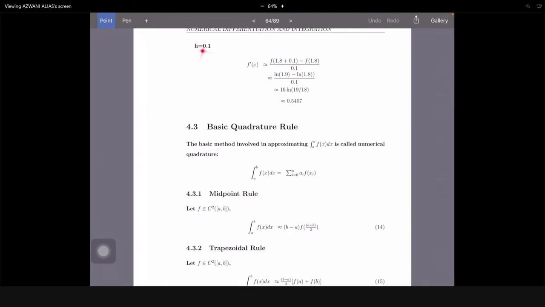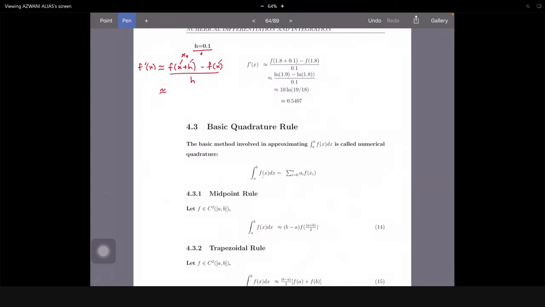So the method is easy, just put the values into the formula. We have the formula for the forward scheme, which is f prime approximately equal to f(x plus h) minus f(x) divided by h. We know the value of x, which is x0, and we know the value of h.